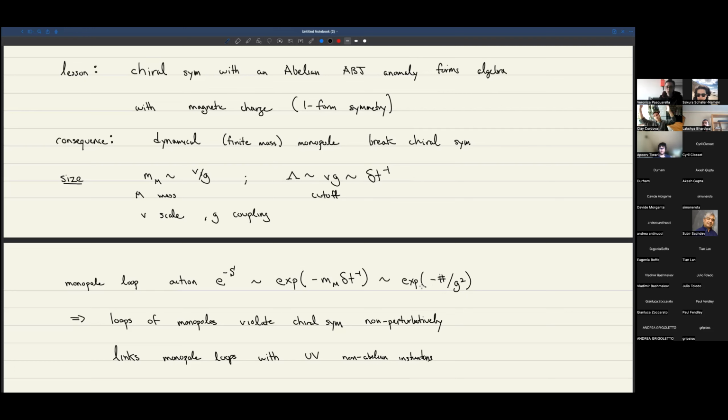We can use the infrared reasoning, or we can use a UV reasoning. The infrared reasoning is sometimes more powerful in the sense that maybe you don't want to commit yourself to a particular UV completion. But when I write down a concrete model, I will indeed take the avenue that you suggested.